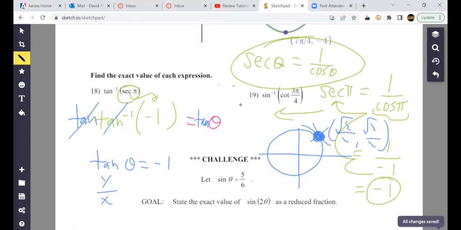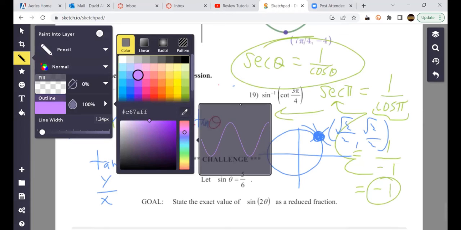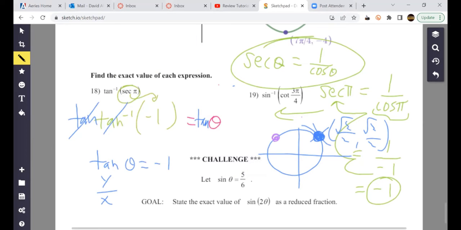But what does work, let's use the color purple, is this location here, but also this location there. Because if you look at the unit circle, here and here, the coordinates are the same, but one's negative, one's positive. And if you divide them, which is what tangent does, you get negative.